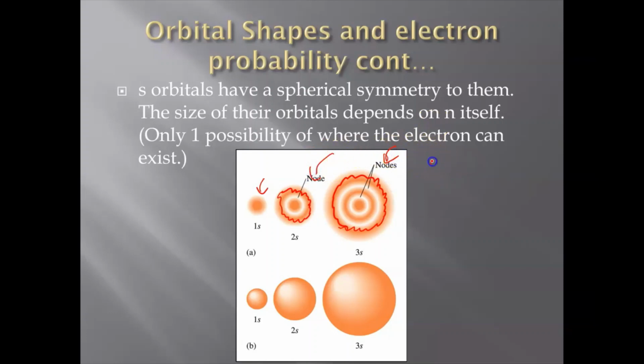All right, nodes are a no-go zone. All right, and the electrons are not going to exist where a node is. Again, it's a no-go zone.